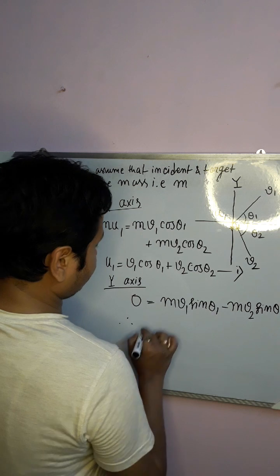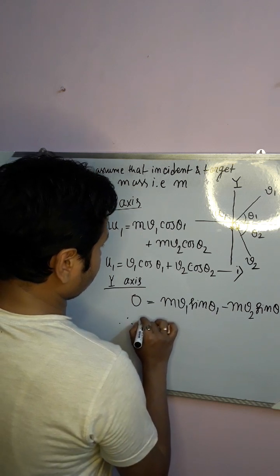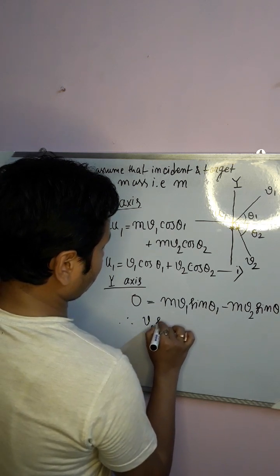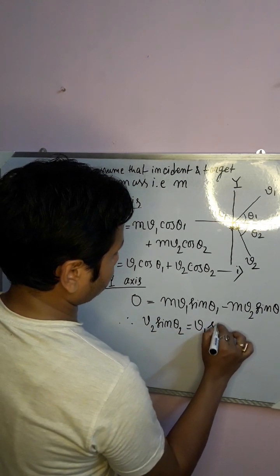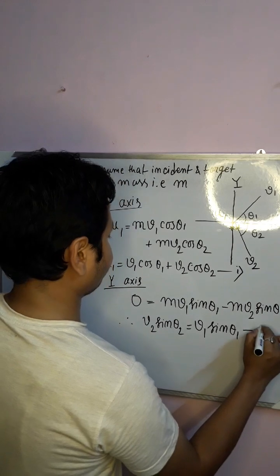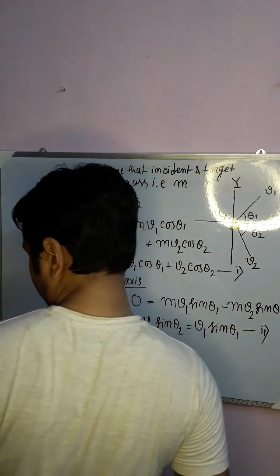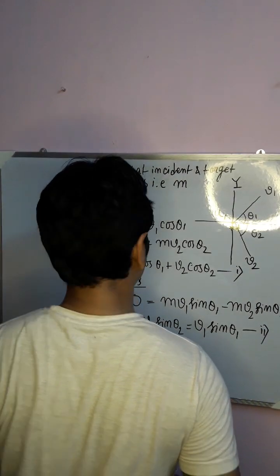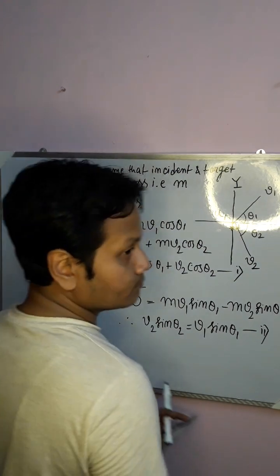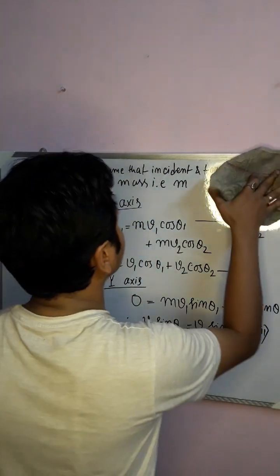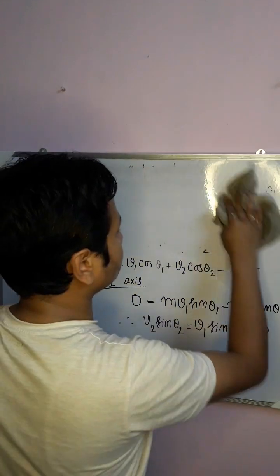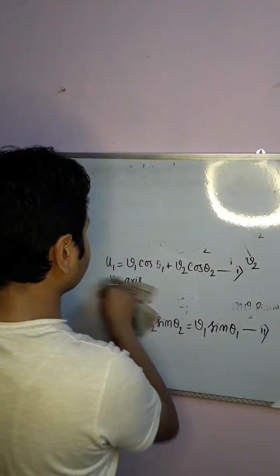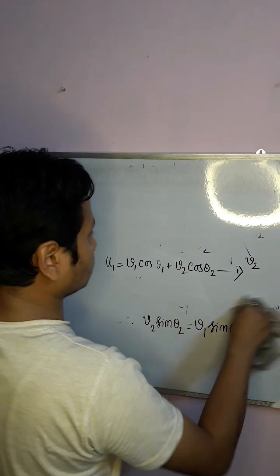So we can write v2 sin theta 2 equals v1 sin theta 1. These are the equations we get. Let us simplify these two equations and see what we get.